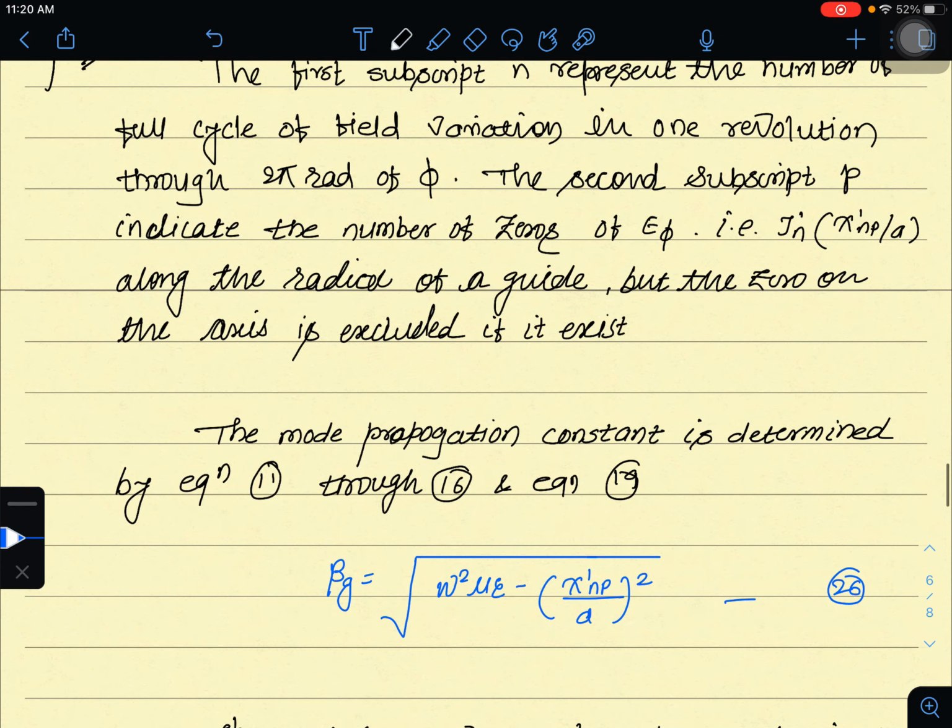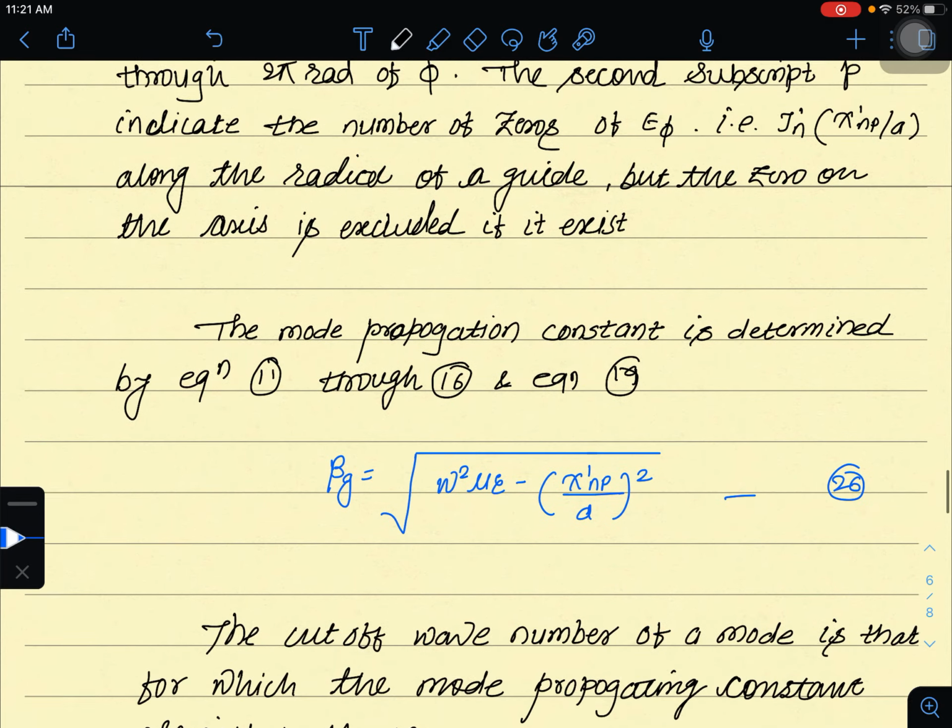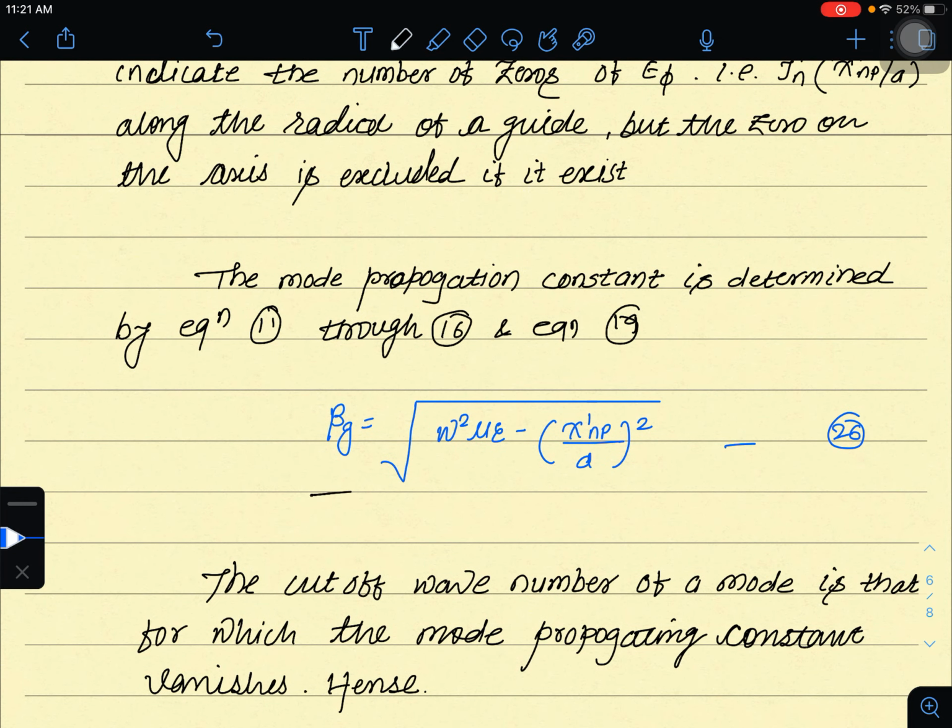Now the propagation constant and other factors are determined by equation number 11. The propagation constant is Bg is equal to root of omega square mu epsilon minus x dash np by a, bracket square.